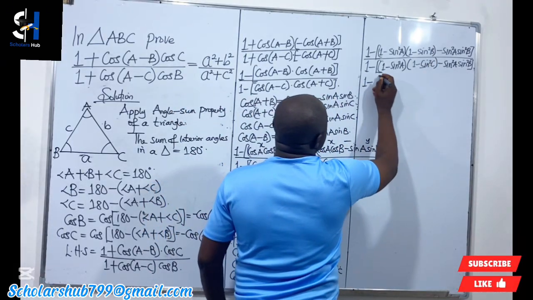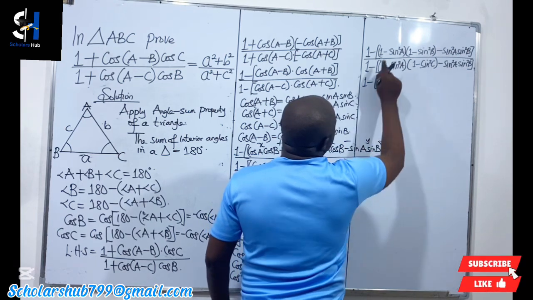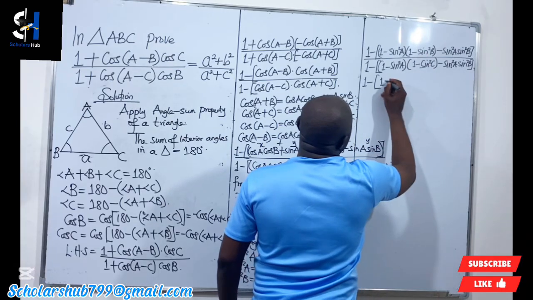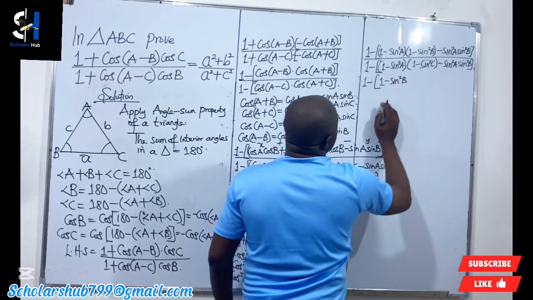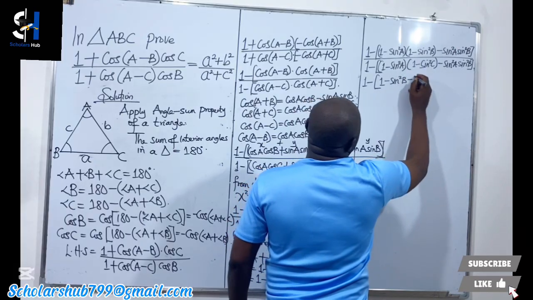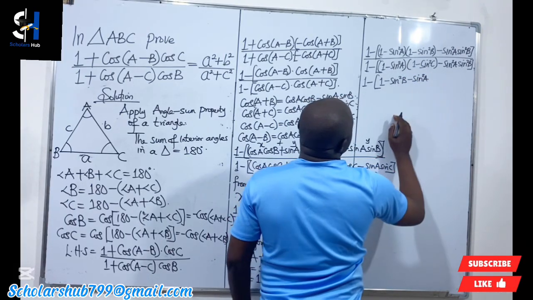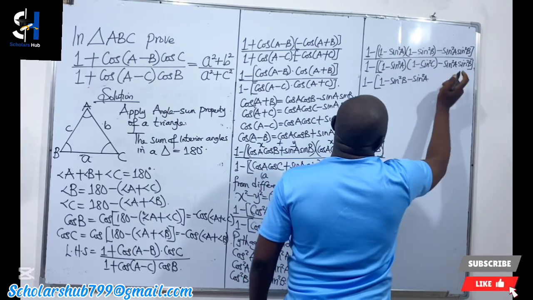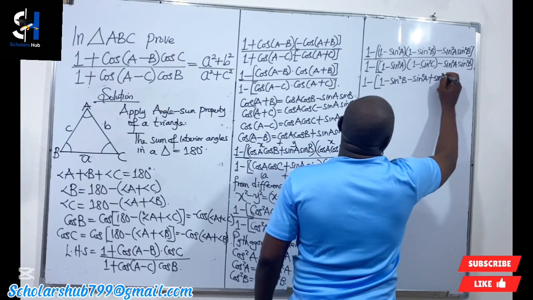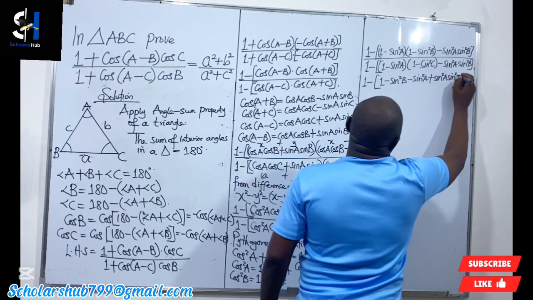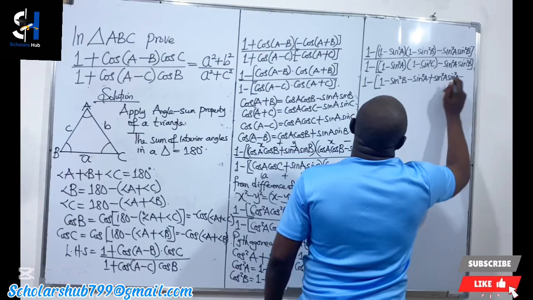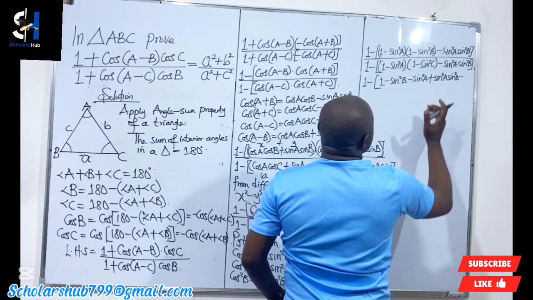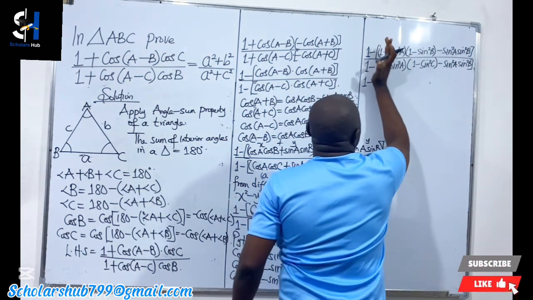So we have 1 minus open square bracket, 1 times 1, that will be 1. 1 multiplied by minus sin squared B, that will be minus sin squared B. Minus sin squared A times 1, that will be minus sin squared A. Minus sin squared A multiplied by minus sin squared B will be plus sin squared A sin squared B, then minus sin squared A sin squared B in this case. So let me write it again because of the space.